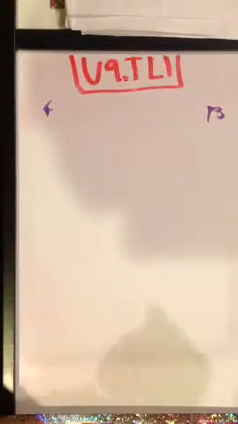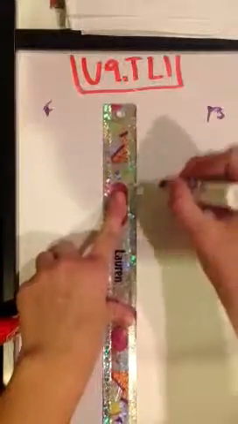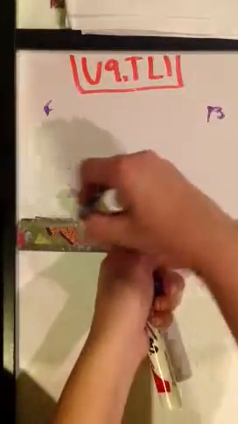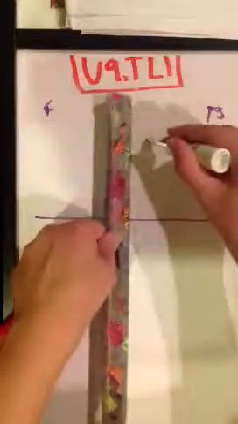Next we have case 5. Case 5 is when the object is at F. Now I know I always draw it this way first. Okay.